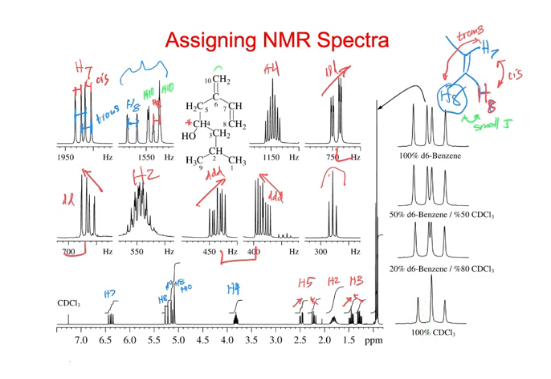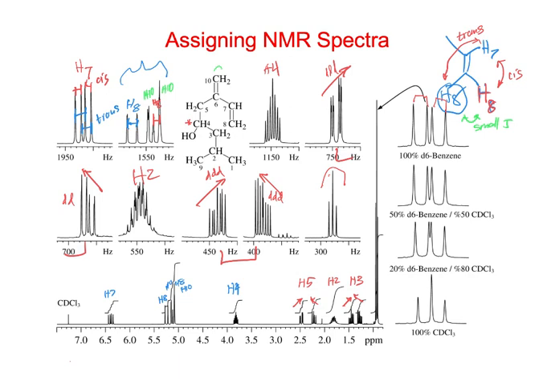The one we're seeing over here is just in deuterated chloroform, and it looks like a triplet. But if they start to add some deuterated benzene, then it starts to pull apart and apart and apart. And so this triplet is really just two doublets.